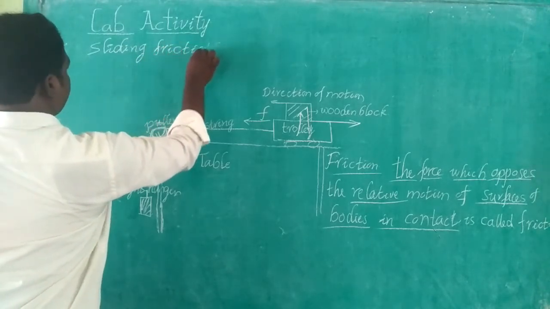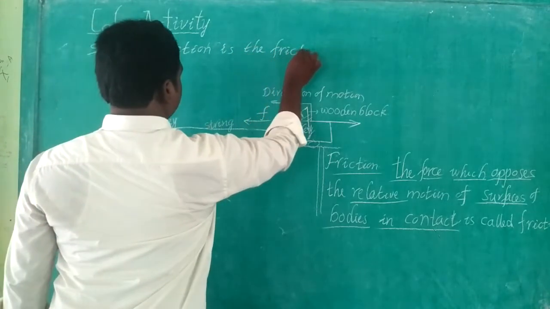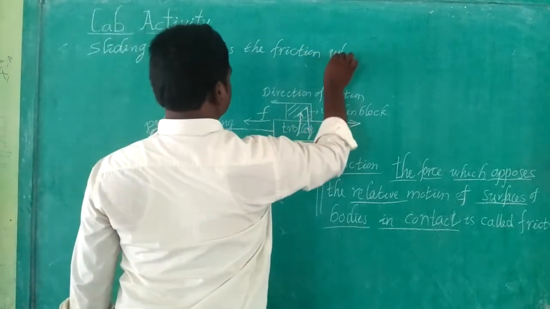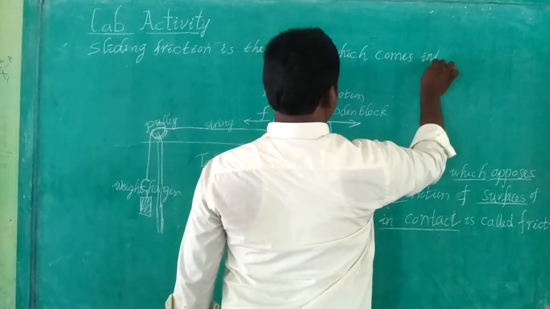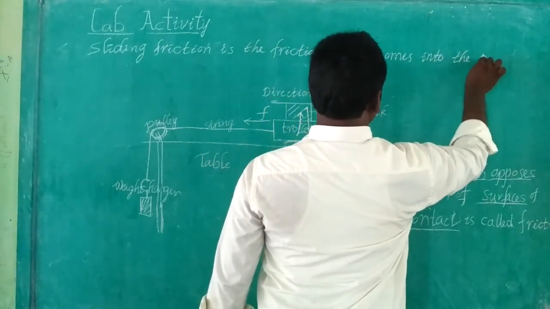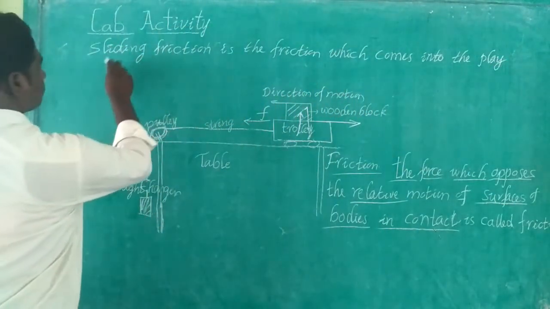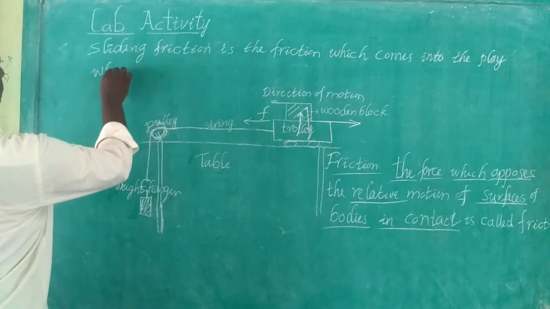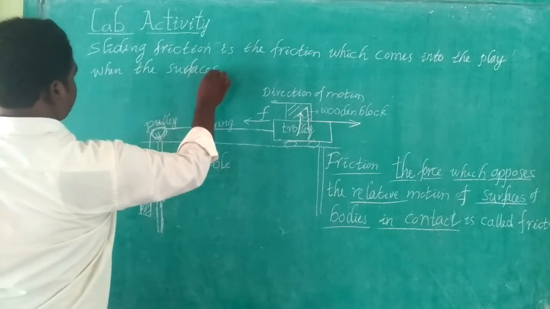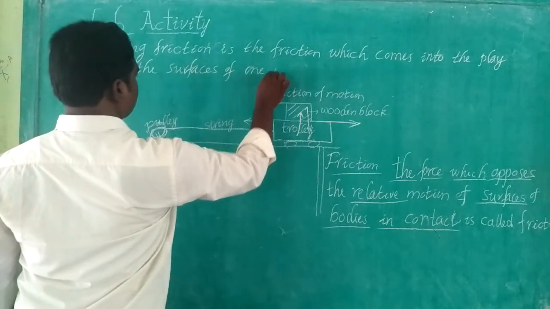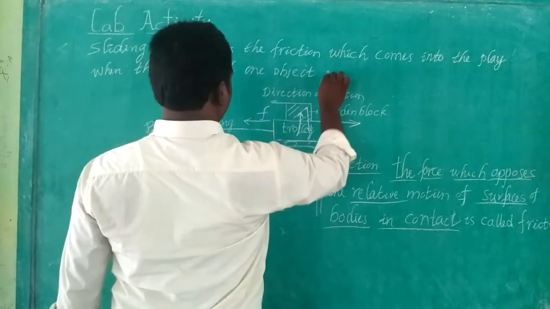Sliding friction is the friction which comes into play when the surface of one object is in relative motion.